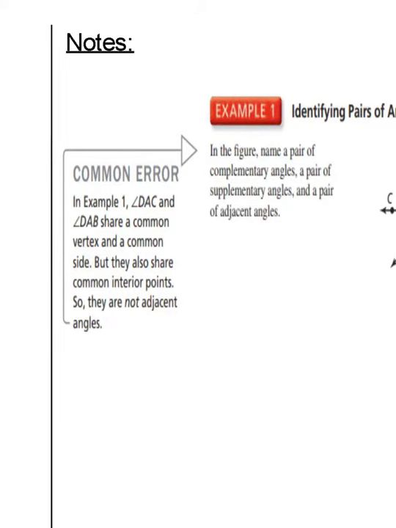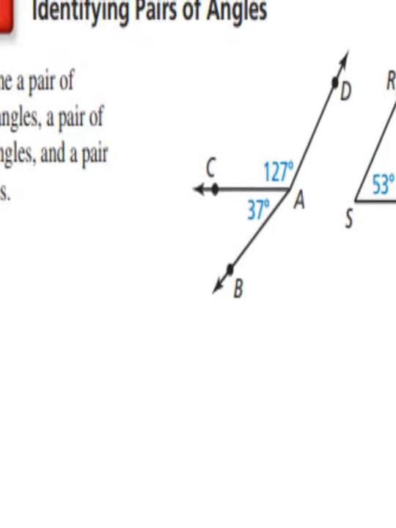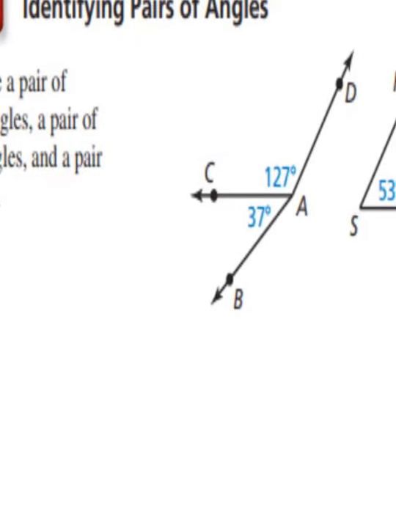So on the slide, it says, in the figure, name a pair of complementary angles, a pair of supplementary angles, and a pair of adjacent angles. So let me blow this up here. So looking at this, name 2 angles that are complementary. What's one of the angles?